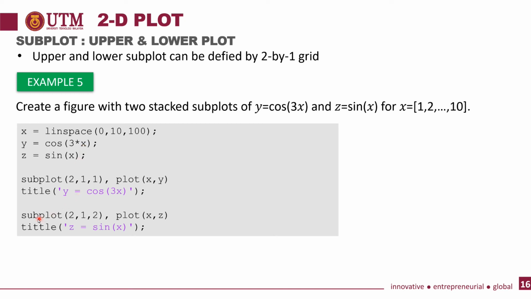The second plot that you want to draw needs subplot with the similar size: the number of rows is 2, the number of columns is 1, and the position is number 2. So this graph will be put below the first graph, because the position is now number 2. The title is z equals sin x.